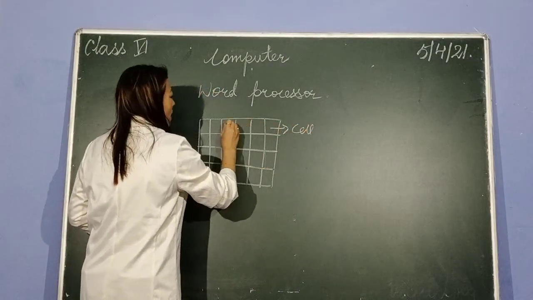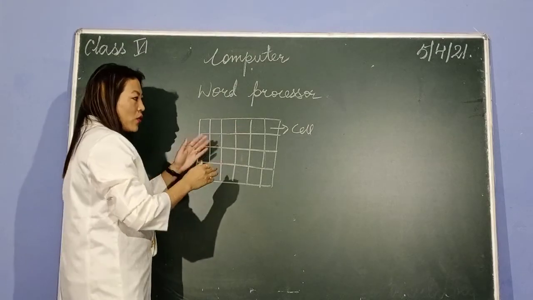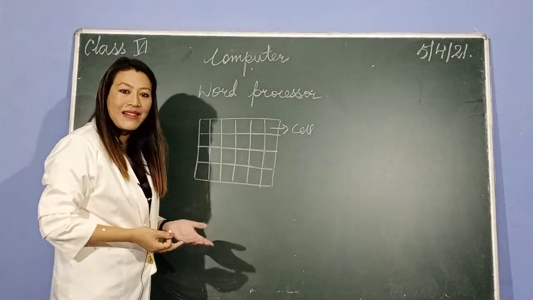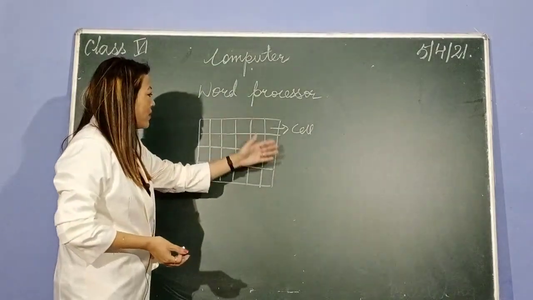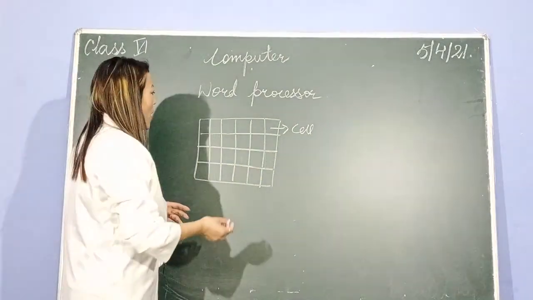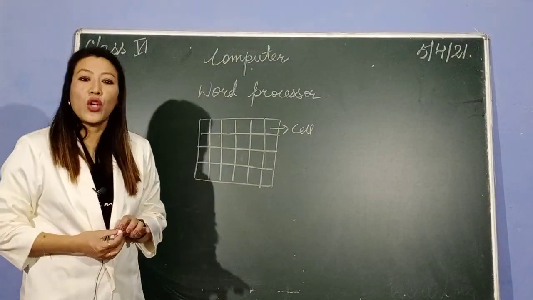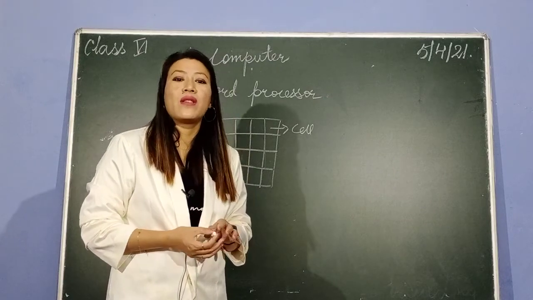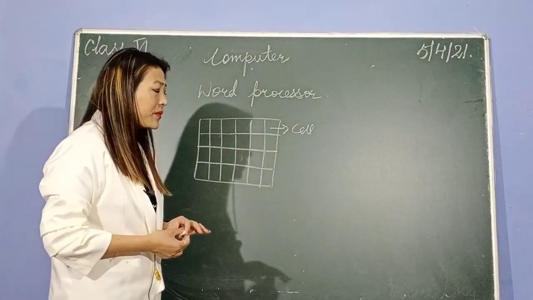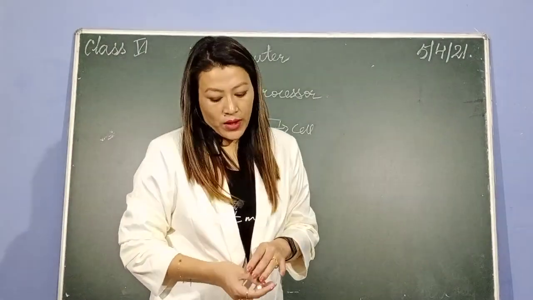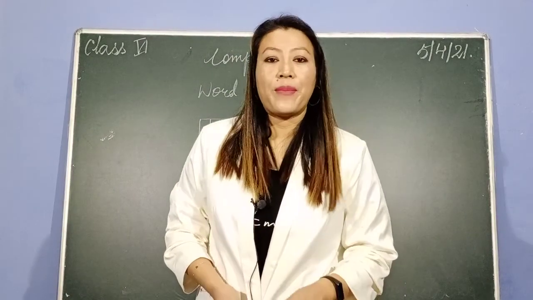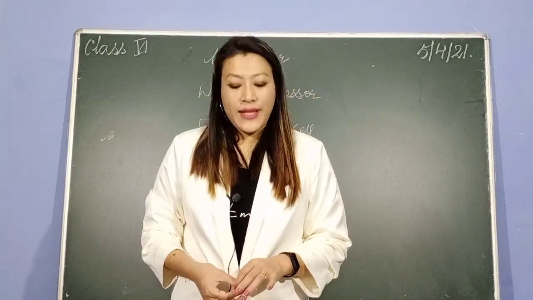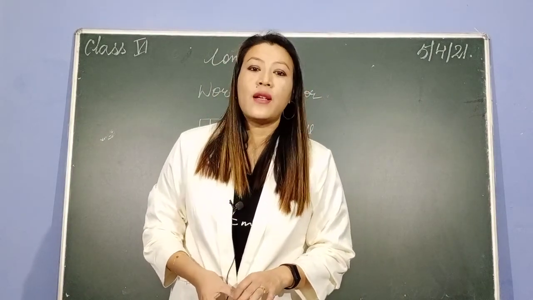These boxes are known as cells, and these cells all together make a table. Whenever you're creating a Word document, sometimes you need to insert a table in it. So in this chapter on Microsoft Word, I'll tell you how to insert a table.